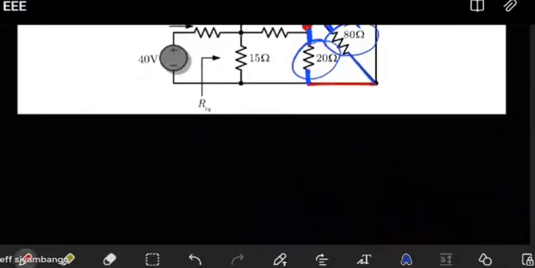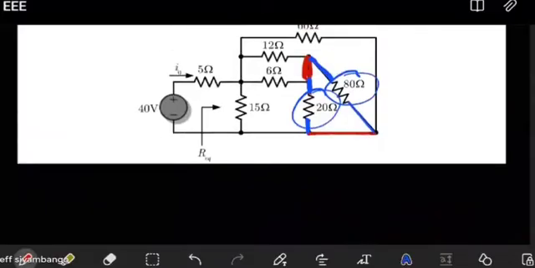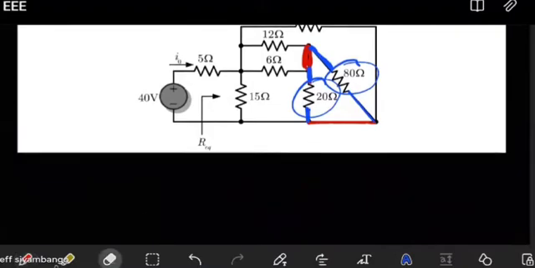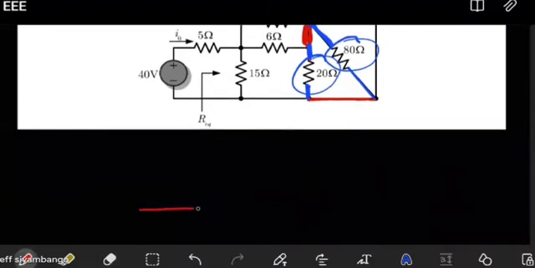Well, in most cases I'd want to redraw the circuit every step of the way, but you really want to see how much time you have and how many marks you have. But in this case, just make sure that we're able to keep track of what is happening. I'll keep creating a sketch so that we can keep track here. So we have this one here, the 5 ohms there.